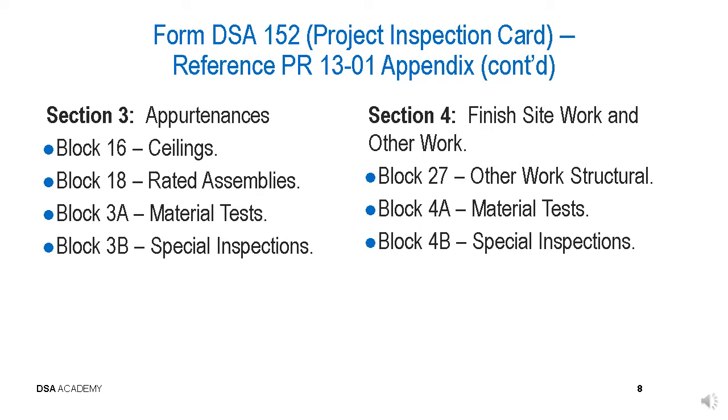And Block 18, we could have rated walls, shafts, roofs, floors, ceiling, penetrations, etc., all dealing with rated construction. And Section 4, for finished work and other work, the appendix at the PR 1301 includes miscellaneous items such as operable partitions and casework that could be of wood.